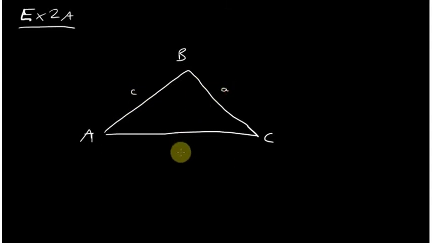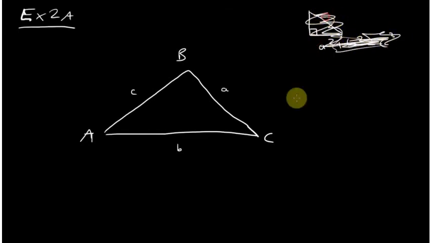So the sine rule is, for a start, for triangles that don't have right angles. Before we were using Pythagoras, weren't we, when we had a right angle, which was a squared plus b squared equals c squared. But no, Pythagoras is useless. Absolutely cannot use it for triangles without right angles.